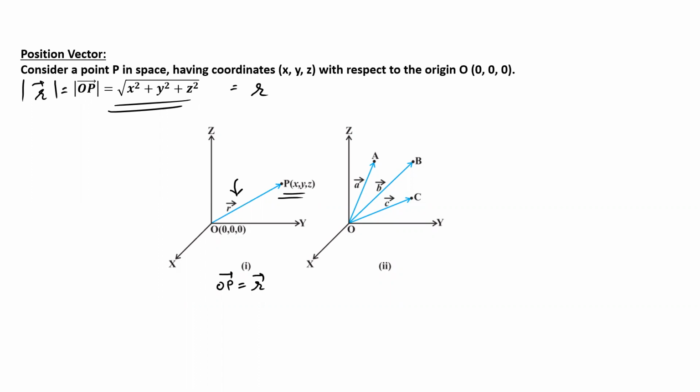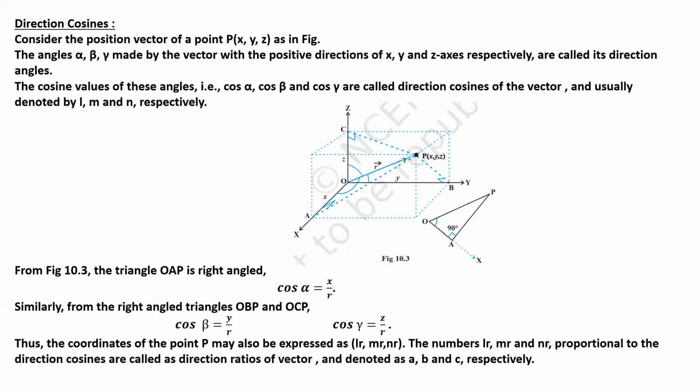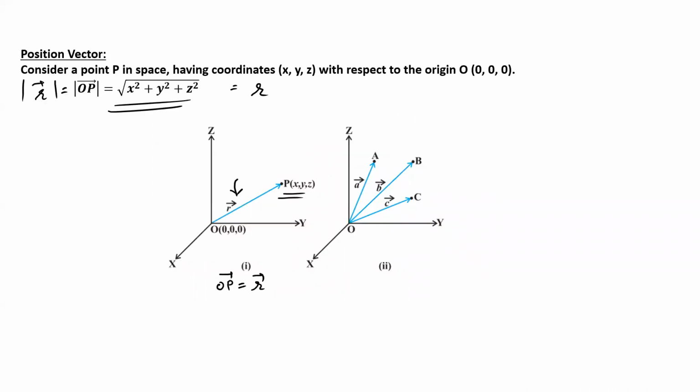What is the second diagram? The second diagram shows that we have 3 points A, B, and C, and all have position vectors: vector A, vector B, and vector C. And in that case, we are going to discuss the direction cosines for point P only.